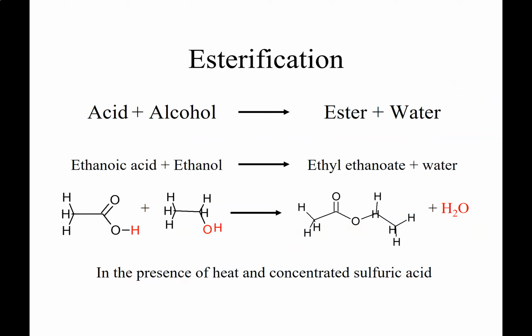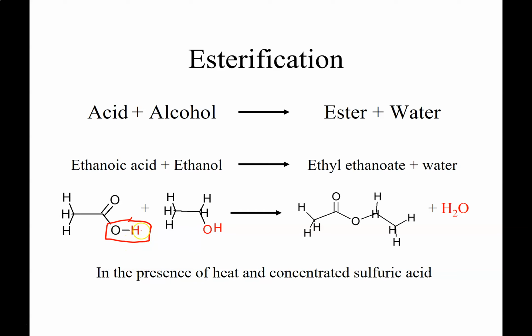So here we have our acid and we have our alcohol, forming an ester and water. In this case we have ethanoic acid and ethanol, and we produce ethyl ethanoate and water. So ethyl ethanoate is an ester, and you have water formed as well. This happens in the presence of heat and concentrated sulfuric acid. So here, this is your OH group on your carboxylic acid.